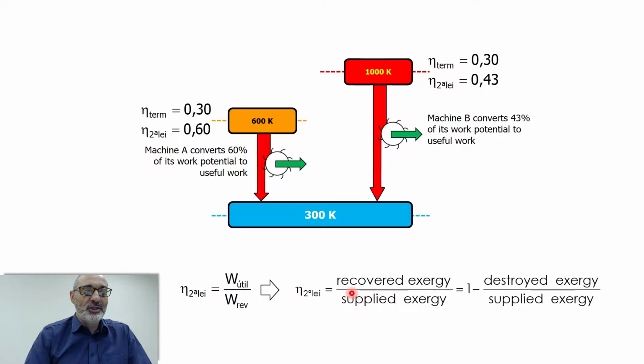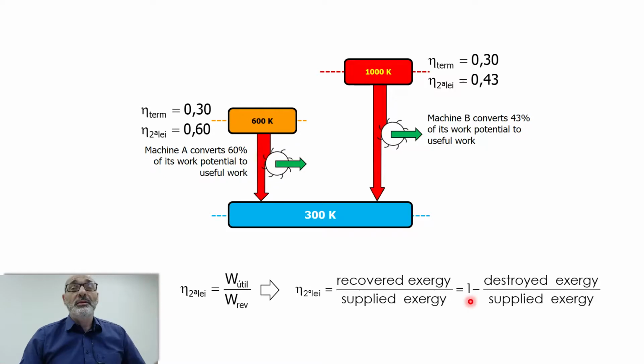And since what we do not recover is what we destroy, we can rewrite this expression as 1 minus destroyed exergy divided by supplied exergy. So if our machine is reversible, we're not destroying exergy, so this is 0, and our second law efficiency is 100% because our machine is reversible.